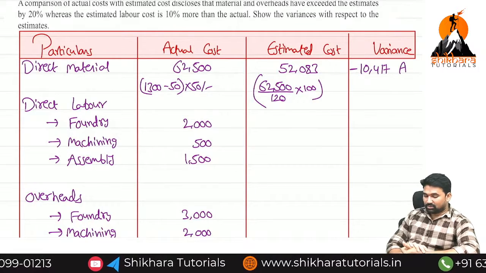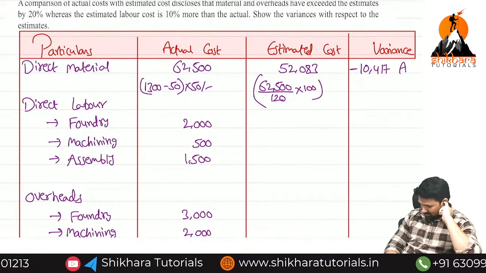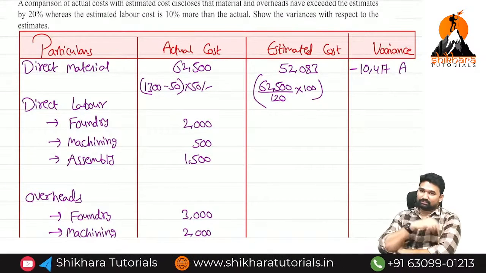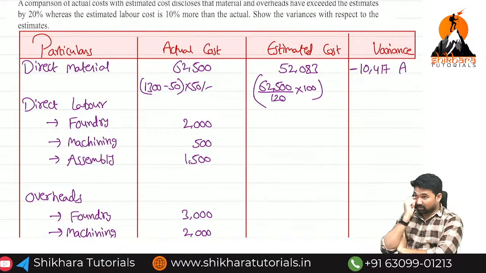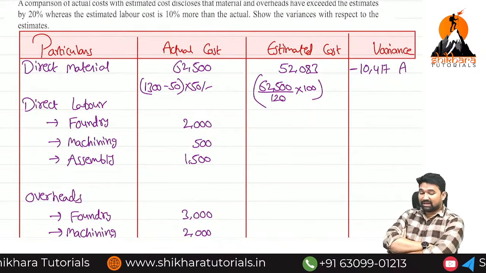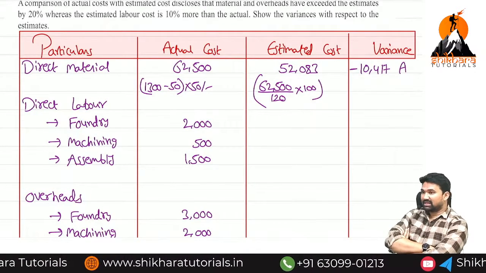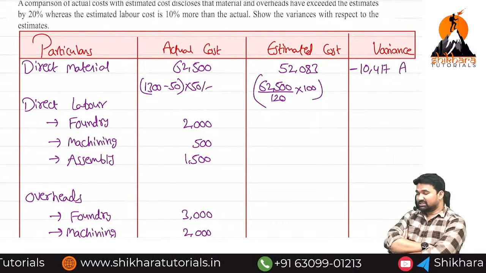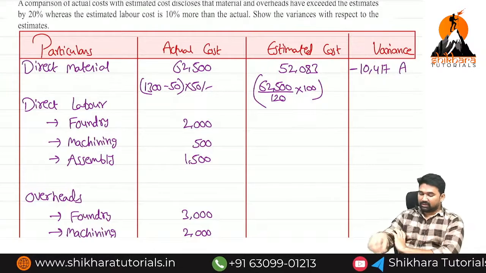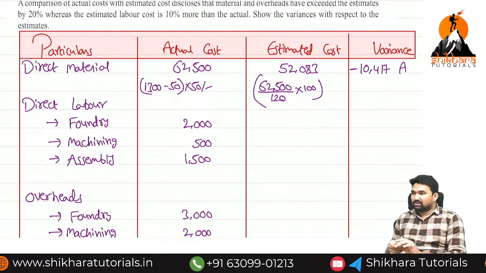Okay, listen. This calculation point is still a doubt for a few students. How we arrived at 52,083 is still not understood by a few. Honestly admit if you don't understand.